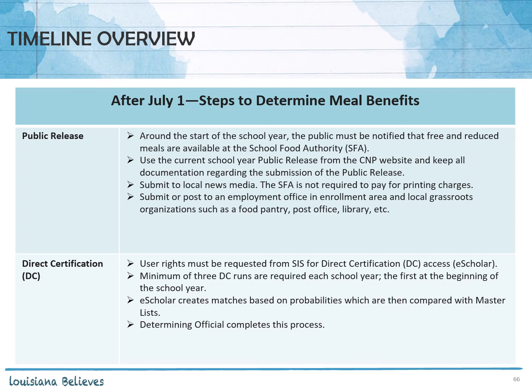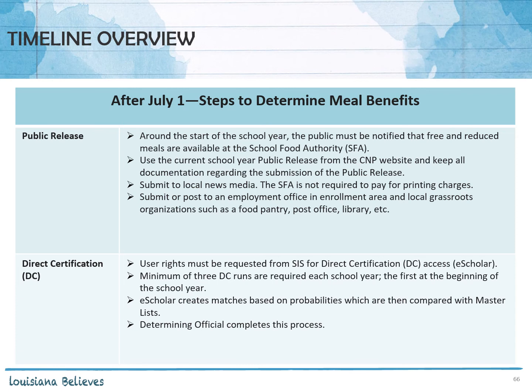The first area of consideration is the public release. Around the start of the school year, the public must be notified that free and reduced meals are available at the School Food Authority, or SFA. Use the current school year public release form from the CNP website and keep all documentation regarding the submission of the public release.